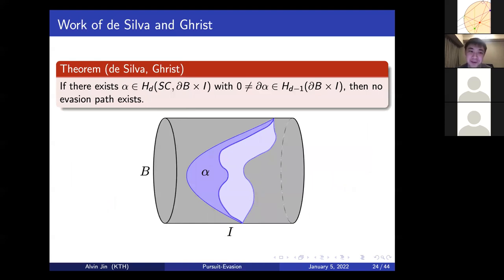So what did people actually do? This is work of de Silva at Pomona College and Robert Ghrist at the University of Pennsylvania. They did something that wasn't so interesting, or maybe it is interesting.